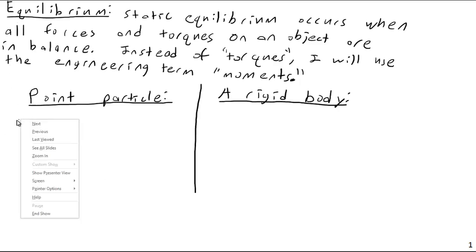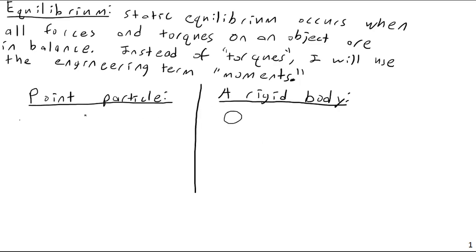It has no dimensions. So if you remember from physics class, and we'll talk more about this later, a point particle is just a point. A rigid body has a size to it. If you remember your torques from physics, what do you need to have a torque? You need two things. You need a force and what else? A distance, a lever arm, right?